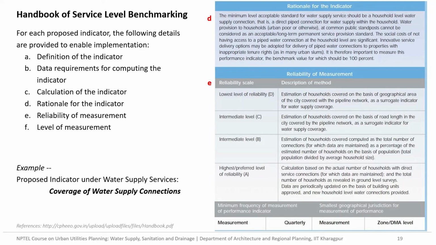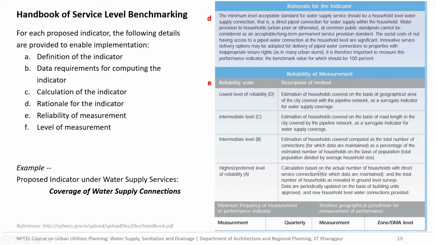So you have a complete enumeration of how many households are there in the service area, as well as how many households have connections. However, if this is not available, then we can move one step lower. That is the estimation of households covered, computed as the total number of connections for which data are maintained as a percentage of the estimated number of households on the basis of population. So we do not have the total number of households in the city, but the urban local body has a record of how many houses have the connection.